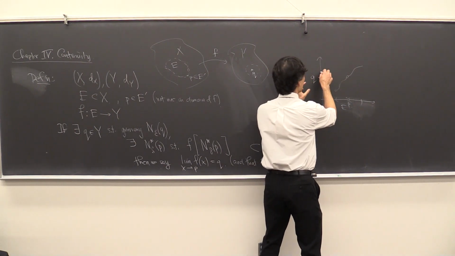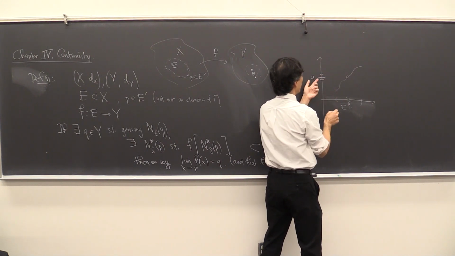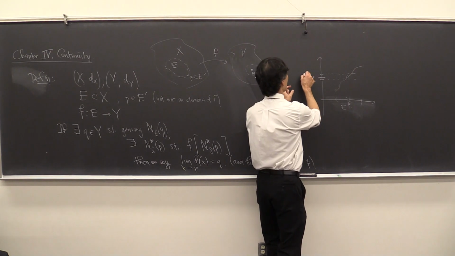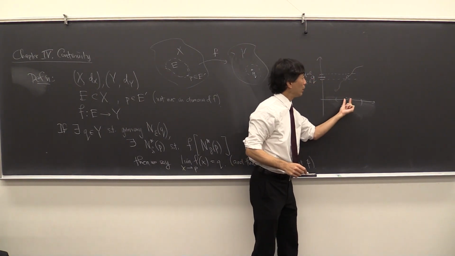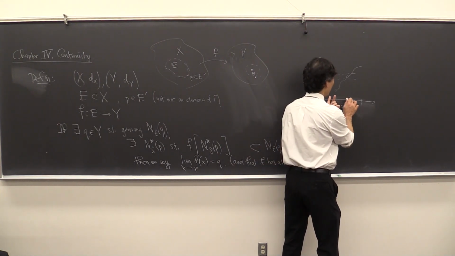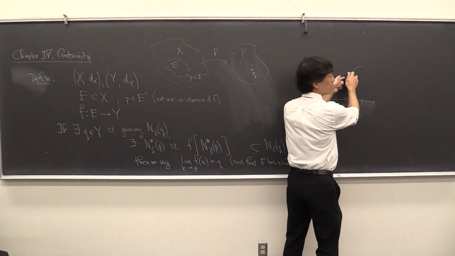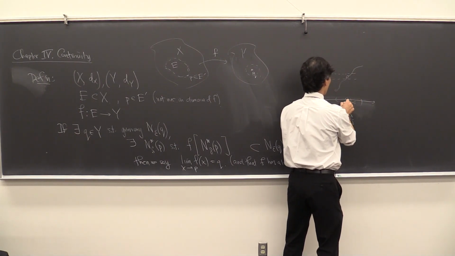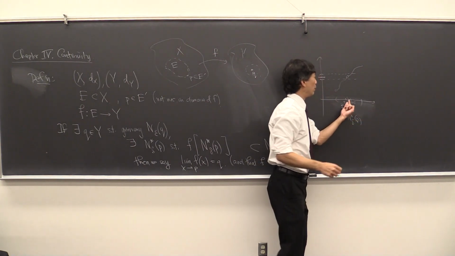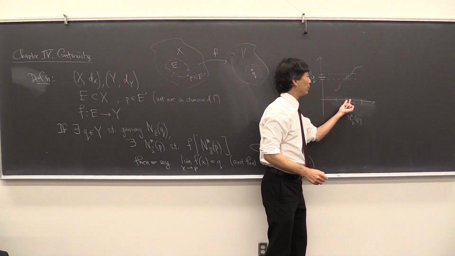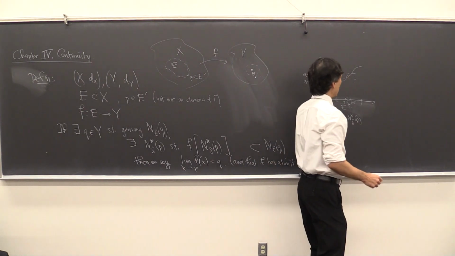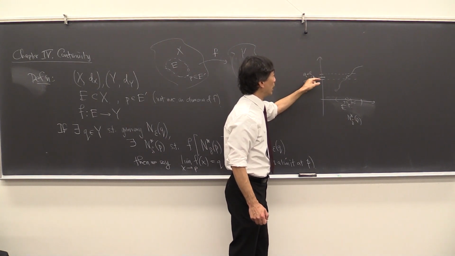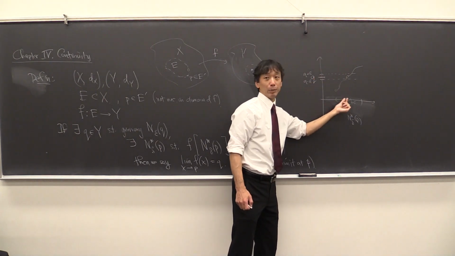What does that mean in a kind of backward sense? It means that if I take any neighborhood around Q, Q plus epsilon, Q minus epsilon, and I say I want your values to stay inside that neighborhood, you can find a punctured neighborhood around P, what we call a delta neighborhood, in which all the values, when you map them through f, stay inside there. Really, having a limit means that no matter how close you want to make your outputs to Q, there is a place where that happens.